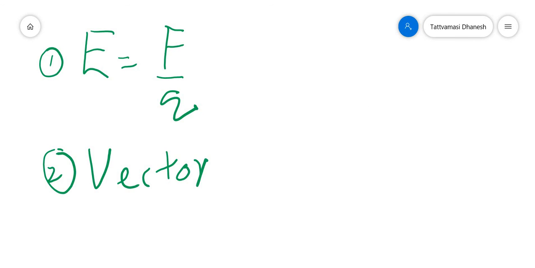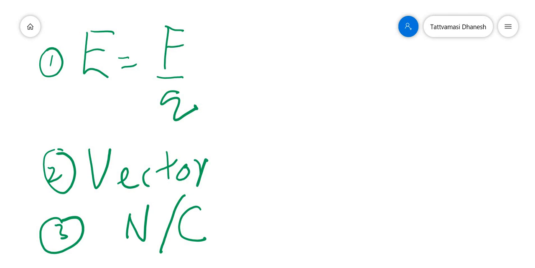And the next thing is unit. From the formula you can tell, the unit will be Newton per Coulomb, or Newton Coulomb raised to -1.